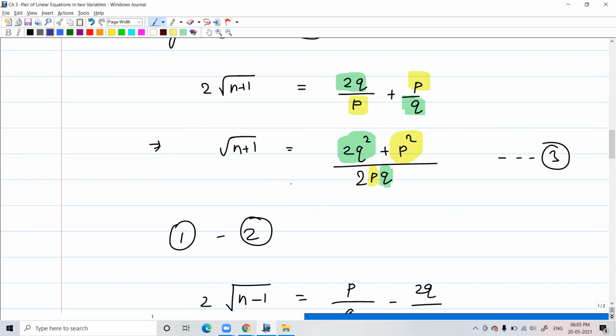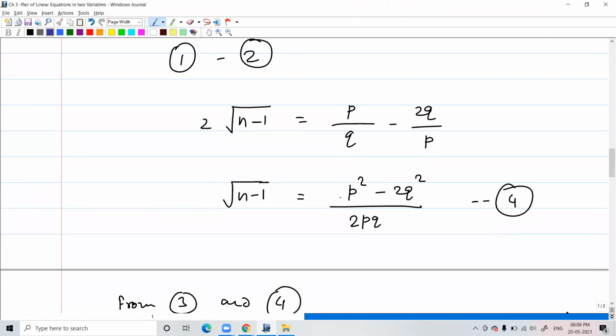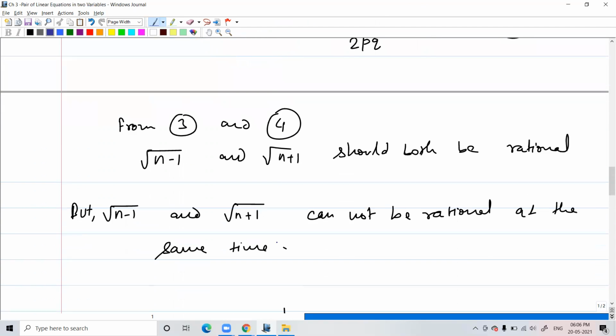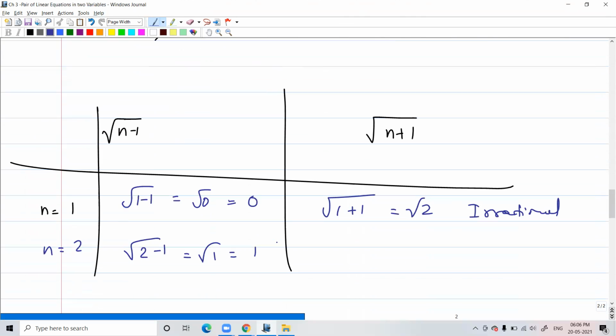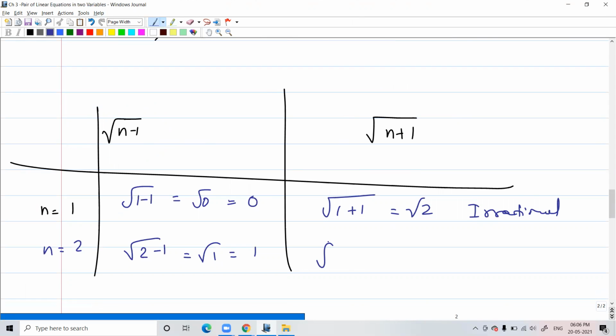That is what we have found out. And this also should be rational. But what we are seeing is that if we actually try to put some values of n, both of them, square root of n minus 1 and square root of n plus 1, can never be rational at the same time. So that's the contradiction here, okay? So as you can see, if you put, I was trying to join.